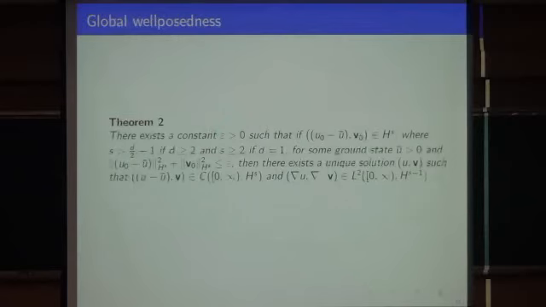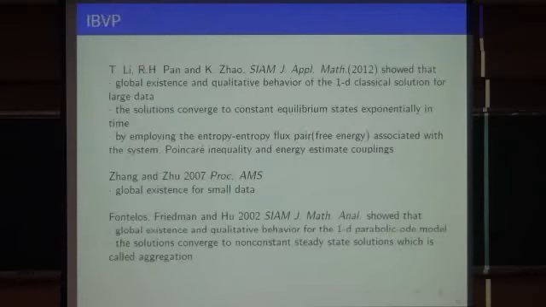And this part is the asymptotic behavior. If the solution is close to a constant state and the perturbation is small, then as t goes to infinity, the global solution exists and also goes to that constant state. For the initial boundary value problem, there are several previous works, as I mentioned here.